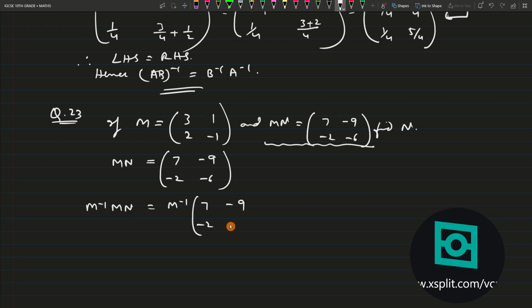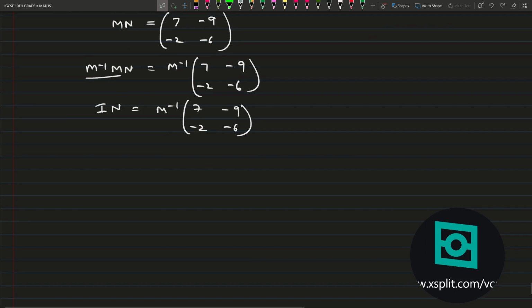What I did is on both the sides I have multiplied by M inverse. Now this M inverse times M happens to be I, into N is equal to M inverse times 7, minus 9, minus 2, minus 6. Fine. Now I times N will be nothing but N. So my N happens to be M inverse times 7, minus 9, minus 2, minus 6.